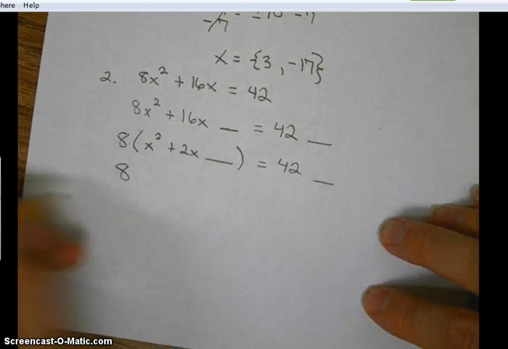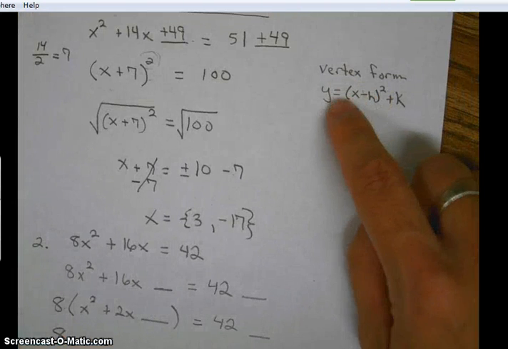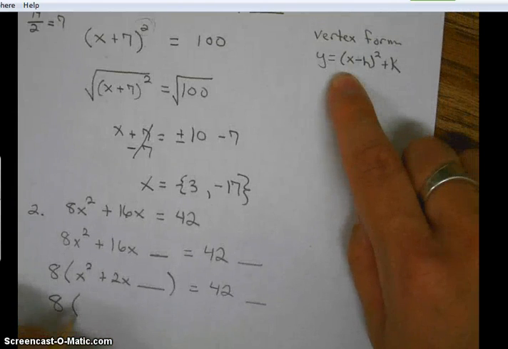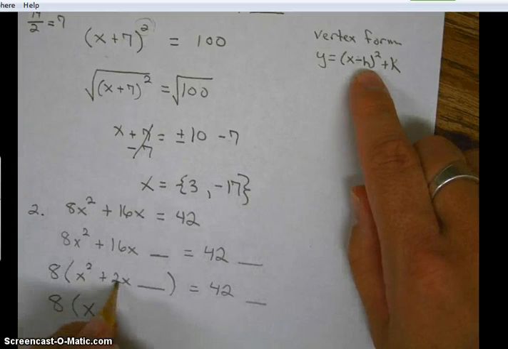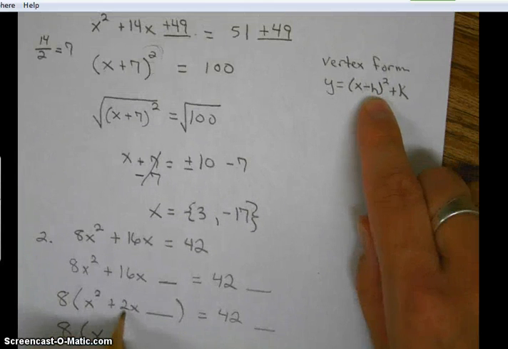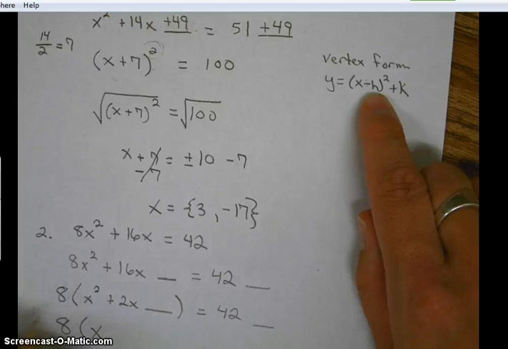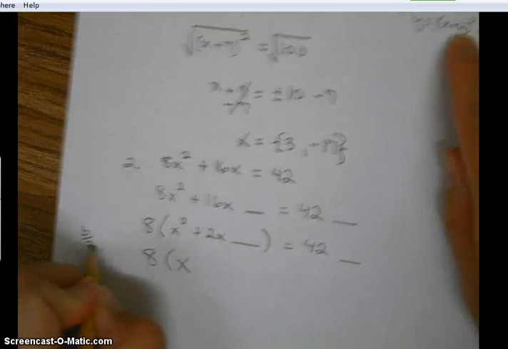Now we're going to change forms. Looking at the vertex form, we're going to start off with a parentheses. Then the x. And do you remember how to find the h value? The formula for finding h, we did it up here, is b divided by 2.